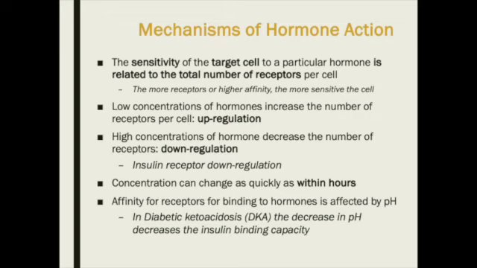These concentrations can change rapidly within hours, and the affinity of the receptor to bind to a specific hormone is going to be affected by the pH. For instance, in a patient with diabetic ketoacidosis, meaning that their sugar is really high, the decrease in pH will decrease insulin binding capacity as well.